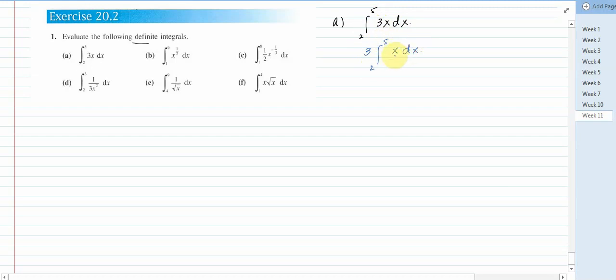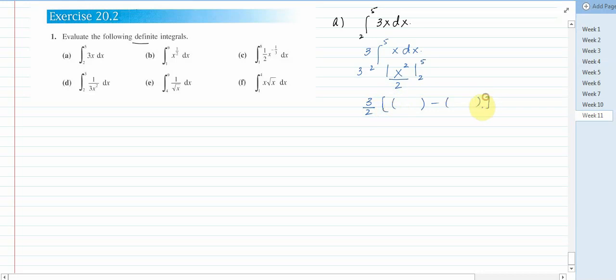Now we need to integrate the function x here. The integral of x is x square divided by 2, and now we apply the limits from 2 to 5, and the 3 stays as it is. In a definite integral there is no need to write c. Now we need to simplify. So 3 upon 2 as a constant remains outside, and the working principle is upper limit minus lower limit.